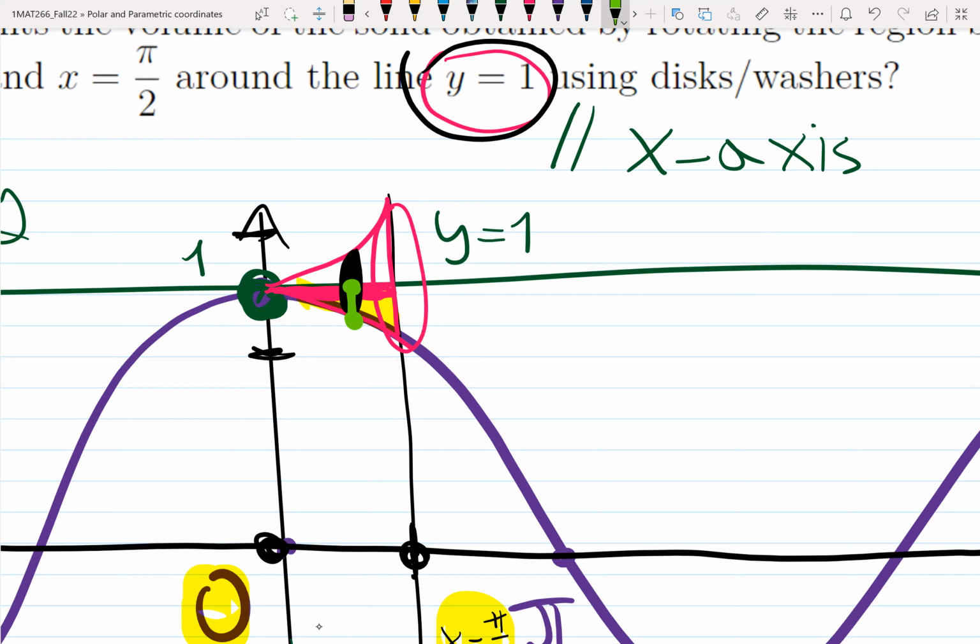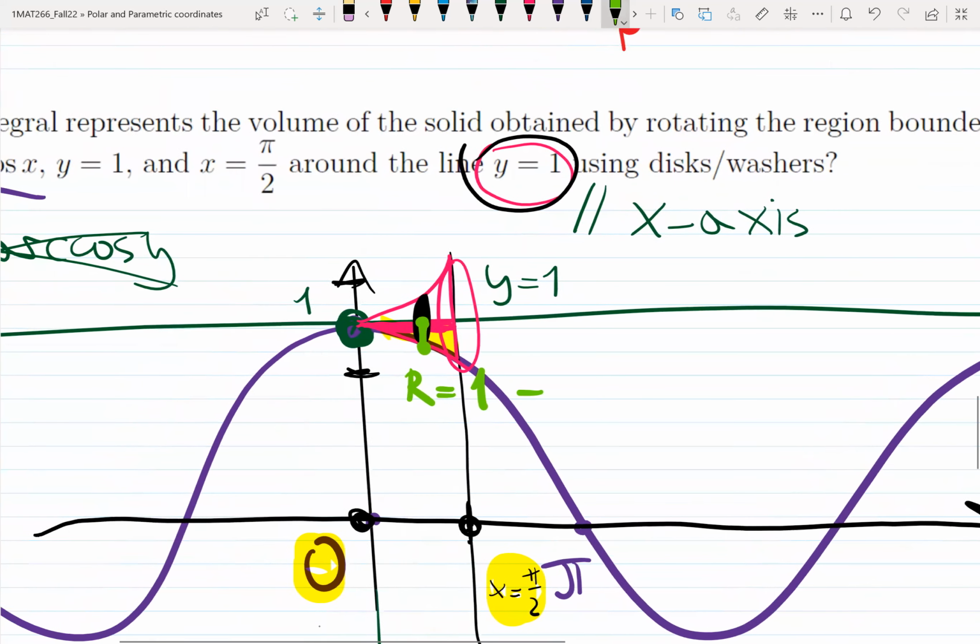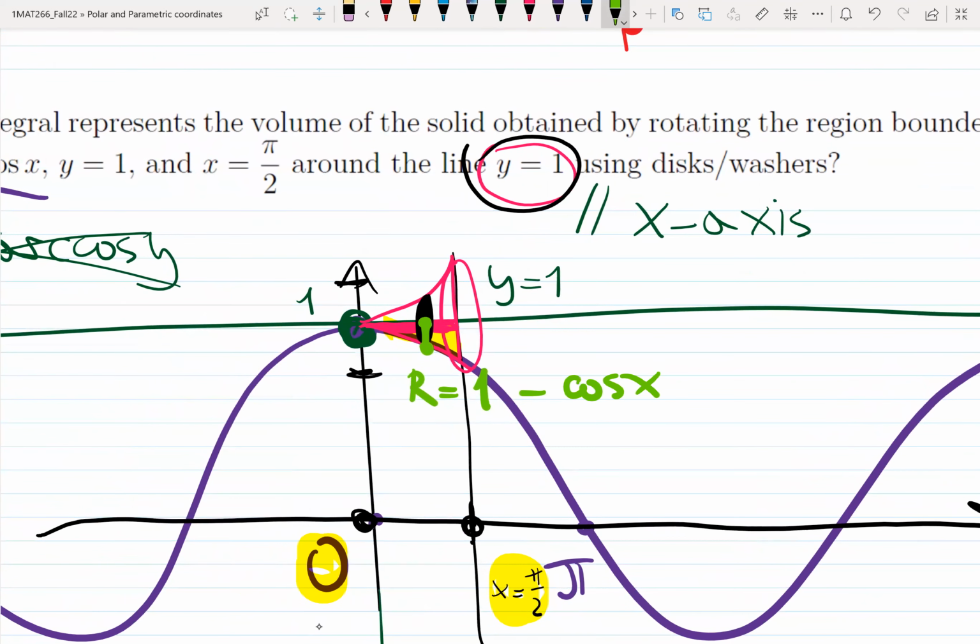This is my R, capital R. And we don't have small r, so we only need capital R. From the center to the very edge. It's top minus the bottom. Then what function is at the top? y equals 1 is at the top, so R will be 1 minus, and what function is at the bottom? The trig function. In this case, it's cosine x.